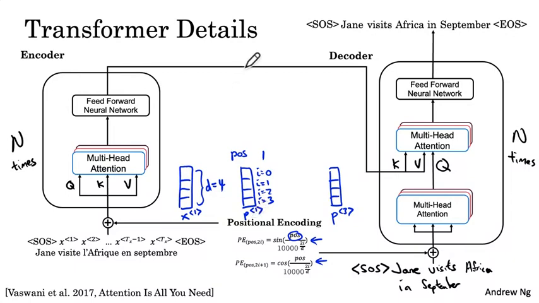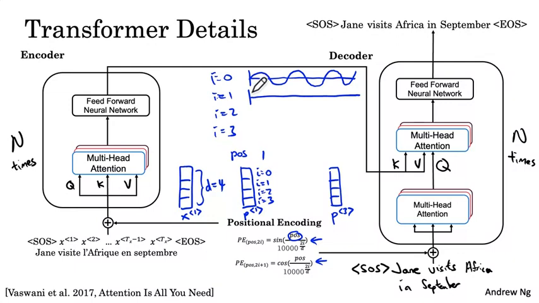This is what the sine and cosine curves look like. Here's i equals 0, i equals 1, i equals 2, and i equals 3. And because you have these terms in the denominator, you end up with i equals 0 having some sinusoid curve that looks like this, and i equals 1 will be the matched cosine.